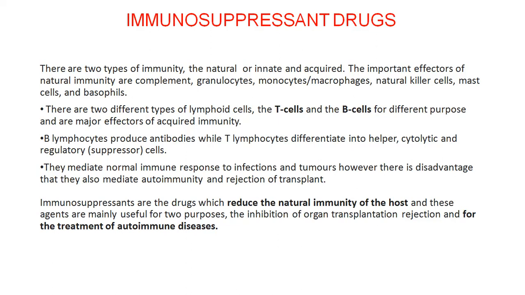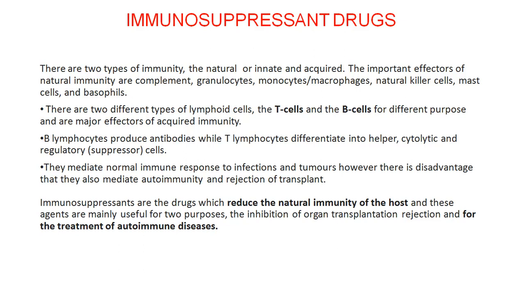B lymphocytes produce antibodies, while T lymphocytes differentiate into T helper cells or cytolytic or suppressor cells. These B lymphocytes and T lymphocytes mediate the normal immune response to infections and tumors.